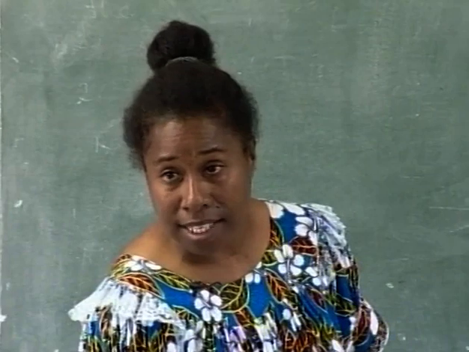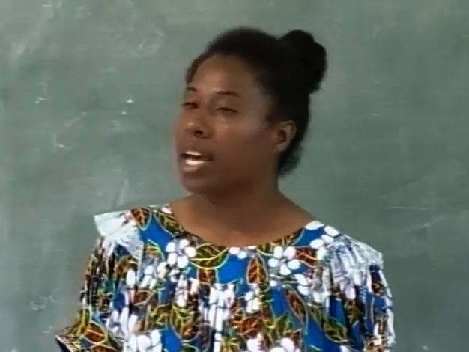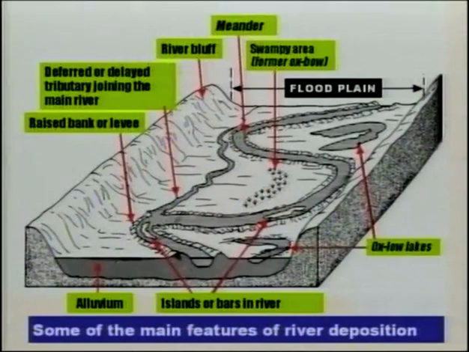And it is your task to explain those different features. If we look at the development of a well-developed floodplain, you can see a cross-sectional diagram here showing some of the features that you have been asked to explain. You have the meanders, and the river bluffs which mark the edge of the floodplain.